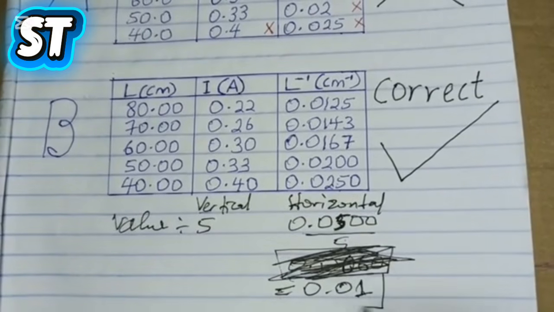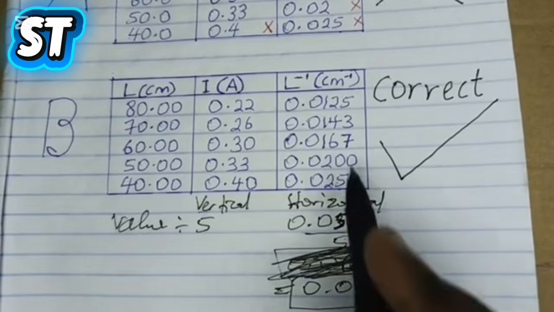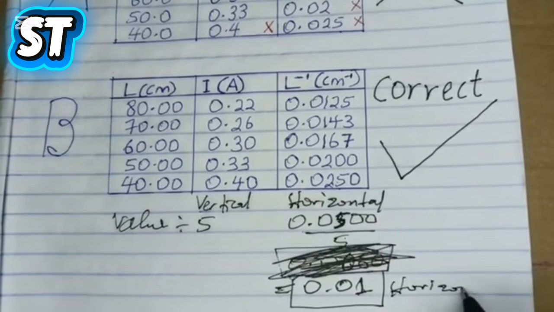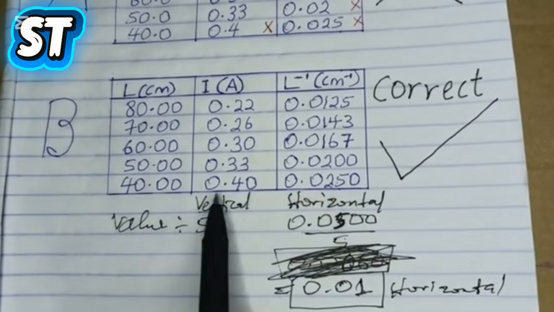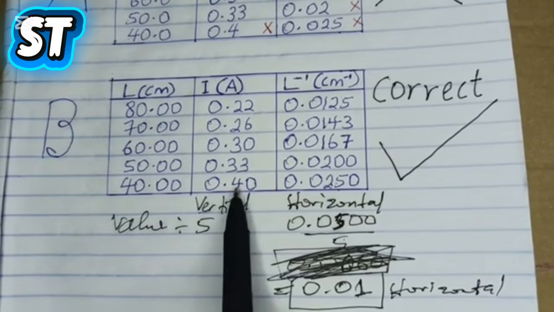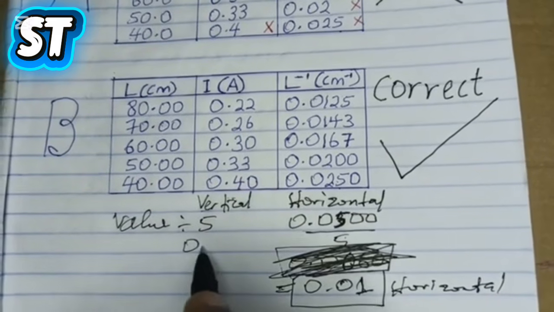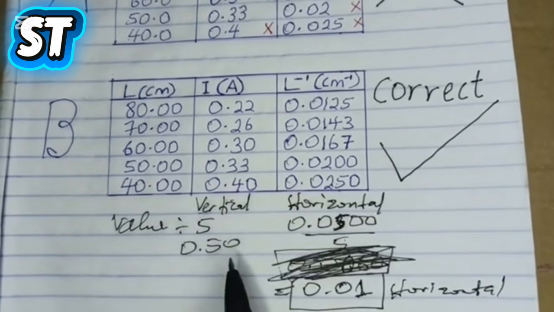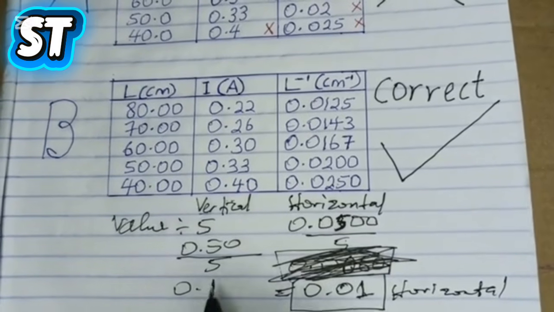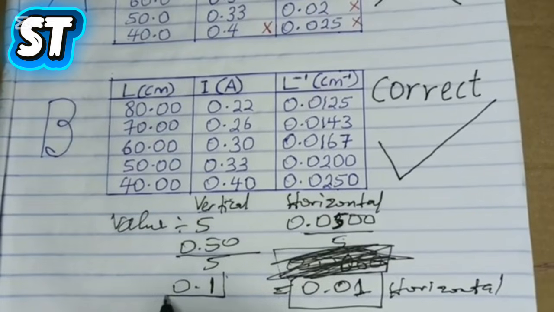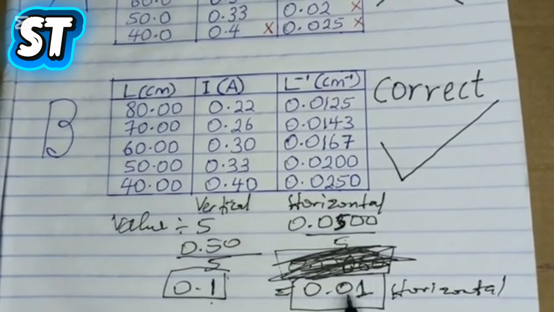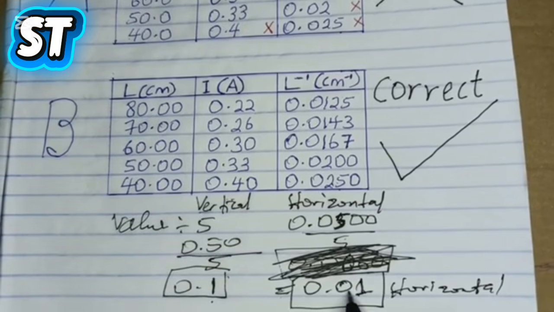So that's my scale for the horizontal. To take my scale for the vertical, what is the nearest highest value that is divisible by 5 in this scenario? That will be 0.50. 50 divided by 5 will be 0.1 also. So this is what I'll be taking for my vertical scale, and this is the one for the horizontal scale.